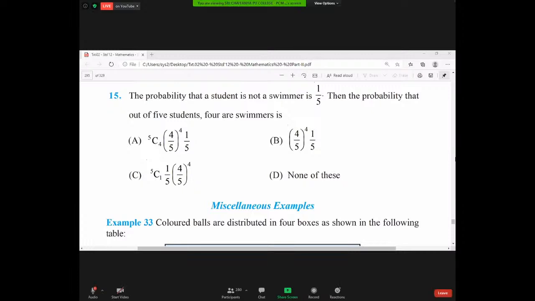Therefore, P is equal to 1 minus Q, which is 4 by 5. Therefore, 4 are swimmers. P of X is equal to 4, which is 5C4 into Q to the power of 5 minus 4 into P to the power of 4. Copy this one. It has been given directly. Capital A is the answer.